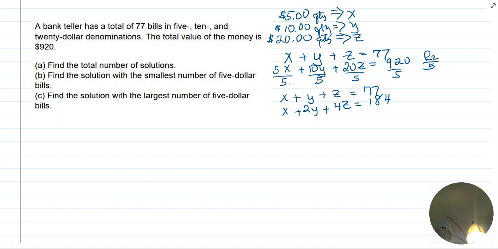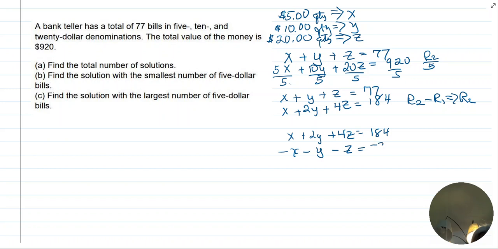All right, so now I have something I can work with. So I can say row 2 minus row 1 equals new row 2. So I'm going to have the x plus the 2y plus the 4z equal to 184, and I'm subtracting the x, subtracting the y, subtracting the z, and subtracting the 77.